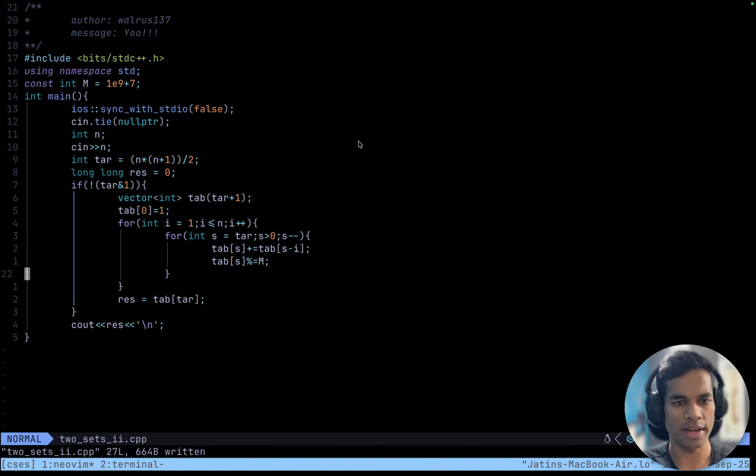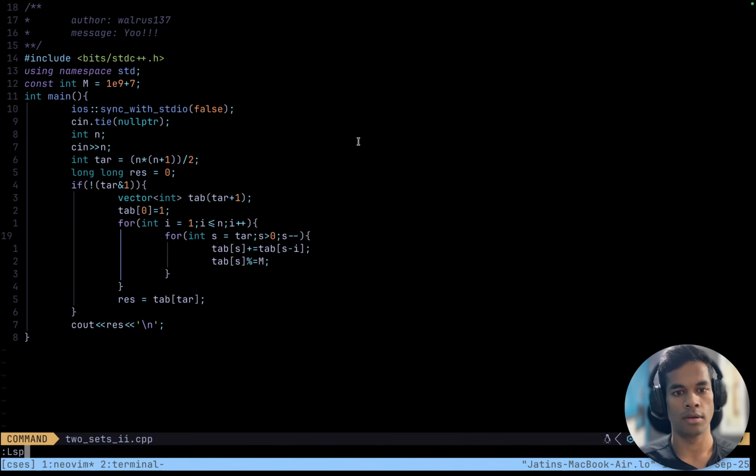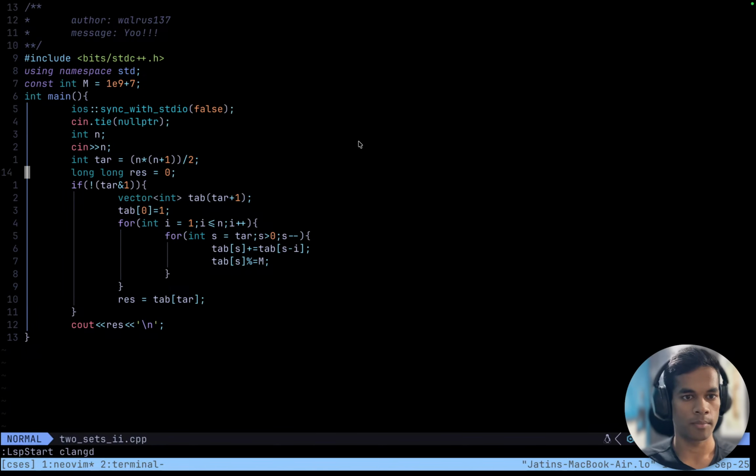Okay, application binary interface error, that does not make sense. S equals star, and that is the size of our vector, so there should be no problem there. LSP start plan D, and there don't seem to be any errors.